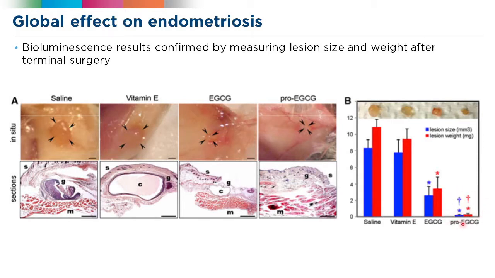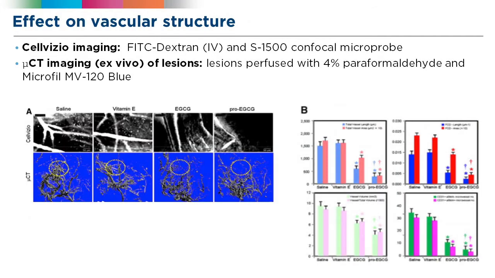So you see here that there is a huge effect of pro-EGCG on the size of the lesion and the weight of the lesion. So bioluminescence helped confirm that pro-EGCG has a very positive effect on preventing the development of those endometric lesions. But how about the effect on the vascular structure?